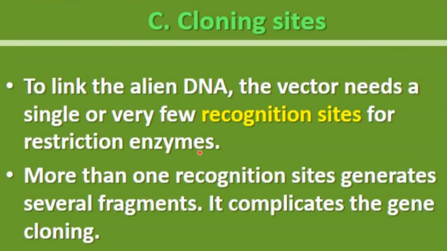So we can say the cloning sites are the sites where the restriction enzyme will cut the vector DNA, or the recognition sites for the restriction enzyme, because that enzyme will cut only at the recognition site. So the recognition sites are basically cloning sites, because only on those sites can we link the alien piece of DNA with the vector.